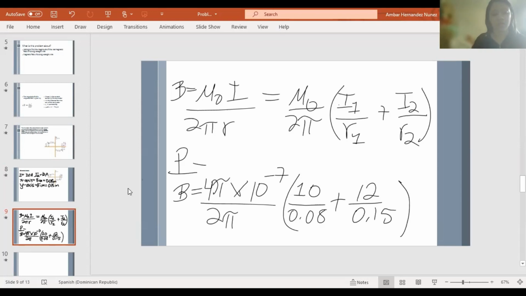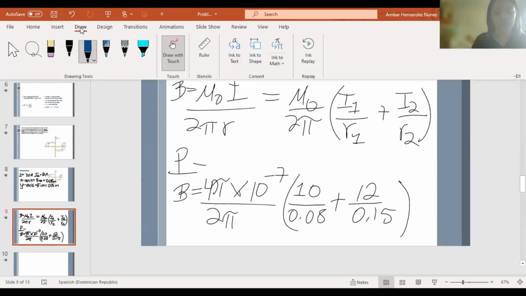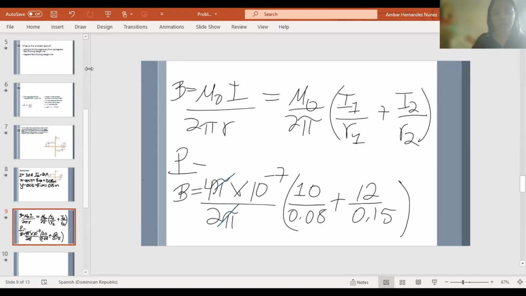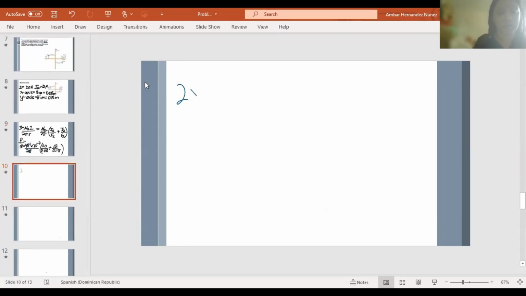And we just have to put that in the calculator and solve for that. Here we can cancel out the 2 pi's, and we get 2 times 10 to the negative 7.